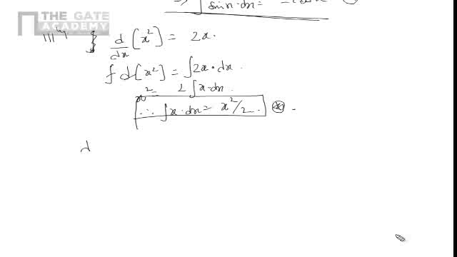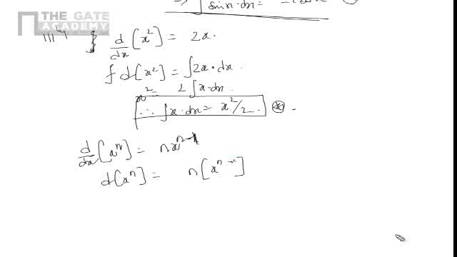Okay, let me extend this. Differentiation of x power n is equal to n x power n minus 1. Correct? That means differential of x power n is equal to n x power n minus 1 dx.